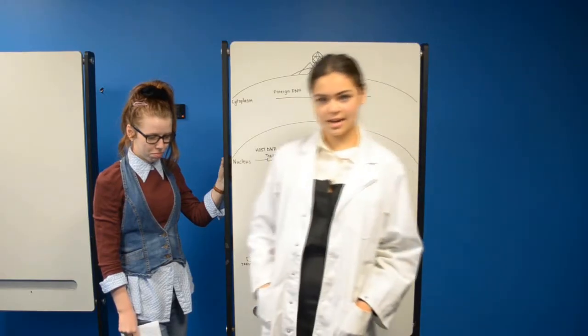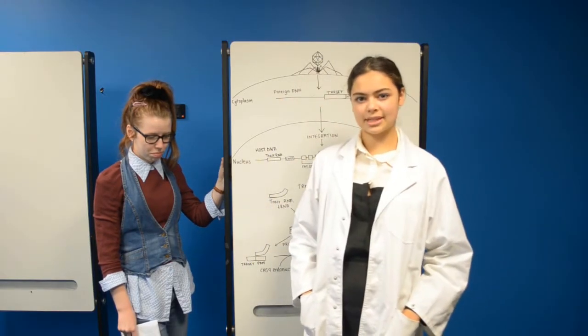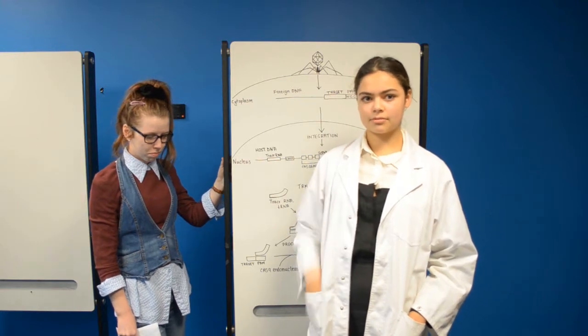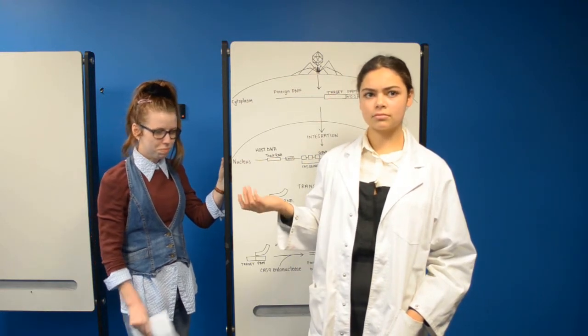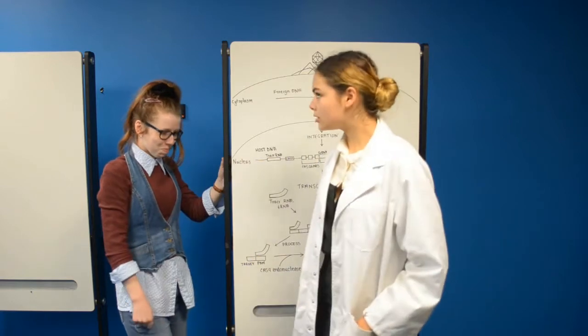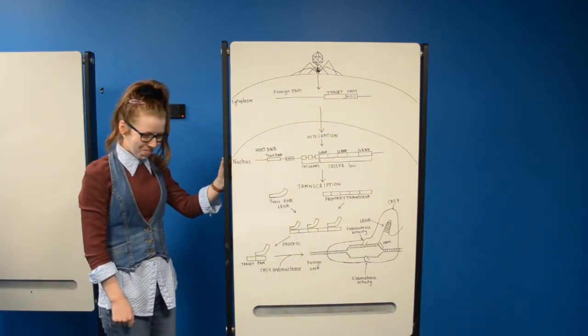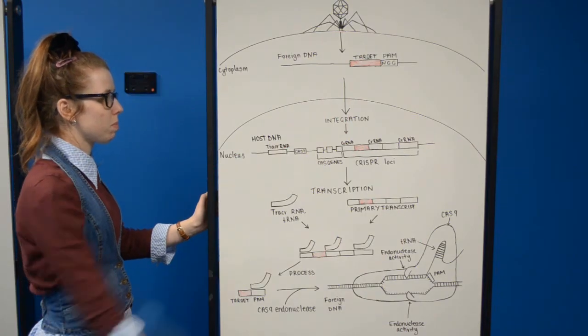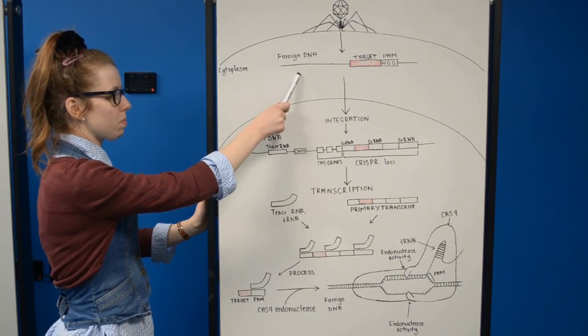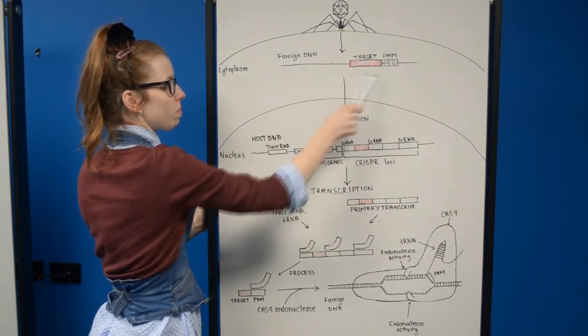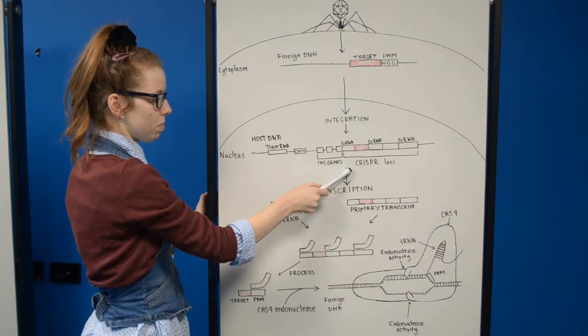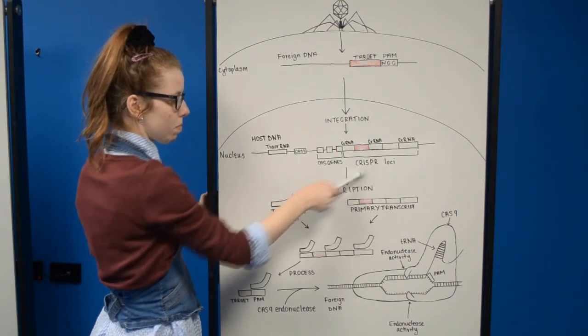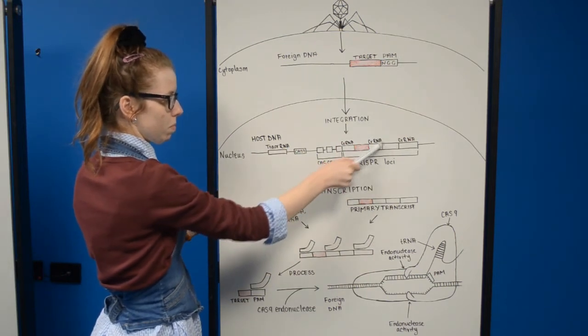The CRISPR-Cas9 endonuclease system arose from bacterial and archaeal immune systems. When a piece of foreign DNA enters the cell, a segment of that DNA is incorporated into the bacterial genome. This is called the CRISPR locus, which contains short repeats of CRISPR DNA.